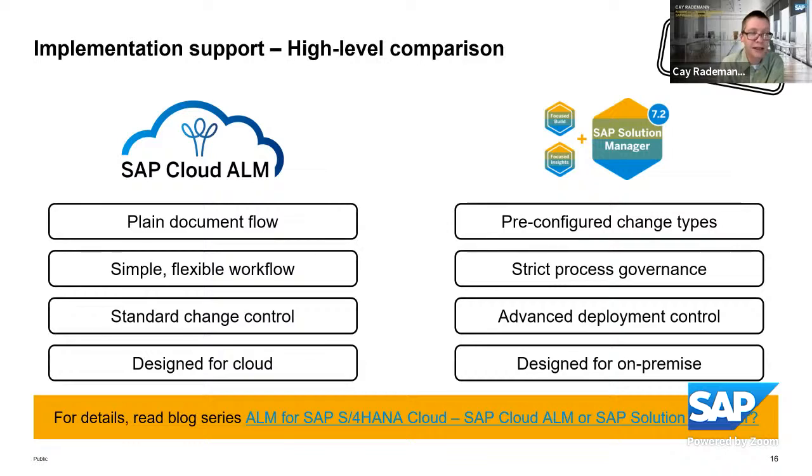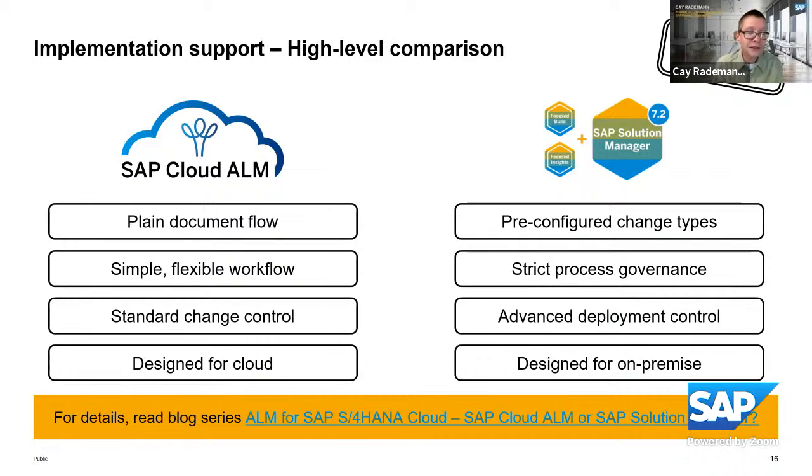That is the way in SAP Cloud ALM. In SAP Solution Manager, in combination with the focused build and focused insights add-ons, here we have pre-configured change types. So depending on which type of change you want to execute, there are different options to process. So this is the one thing.